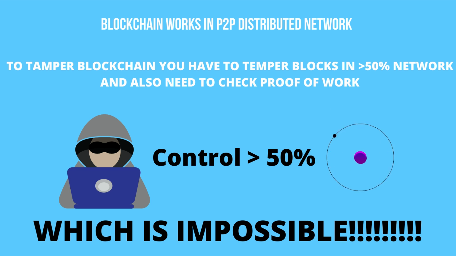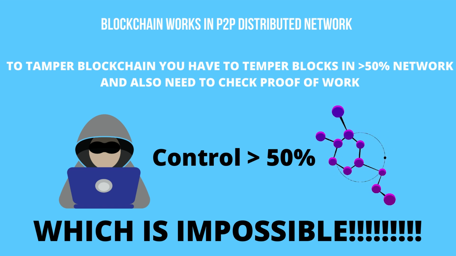For example, when one block is created inside the system, it will be transmitted to the entire network, and they validate the work, the proof of work. If everyone has the same value, then only they agree to add the block to the blockchain.